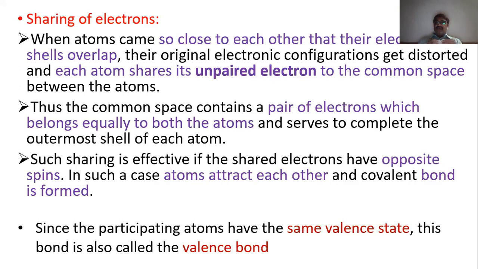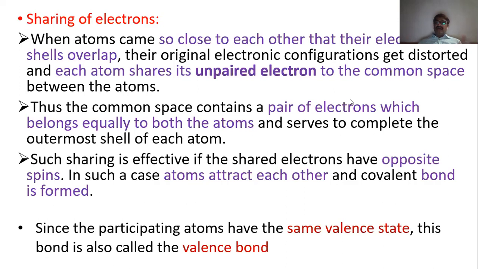This pair of electrons serves to complete the octet, or stabilize the electronic configurations of both atoms, according to the octet rule.